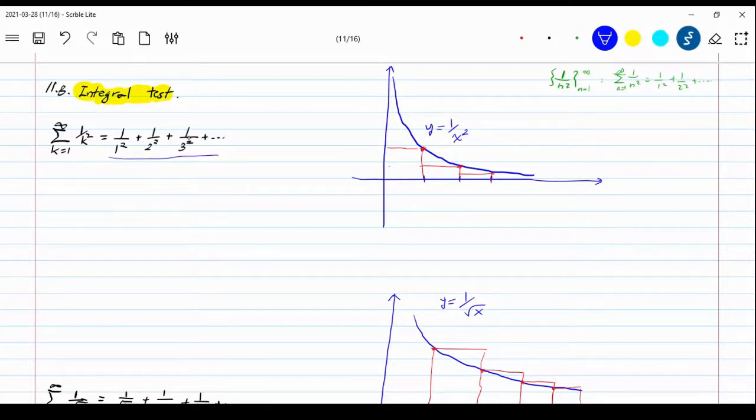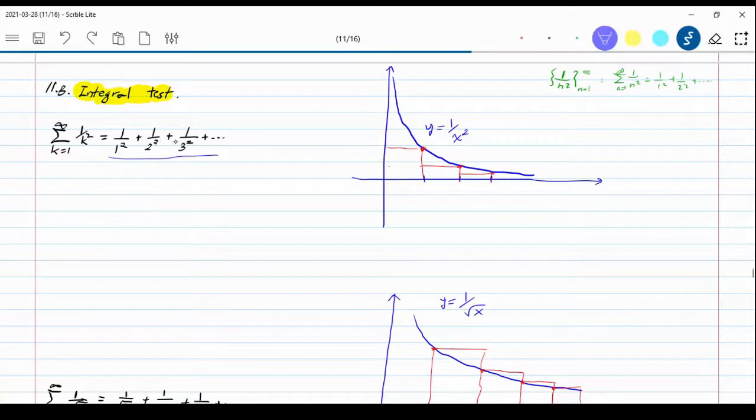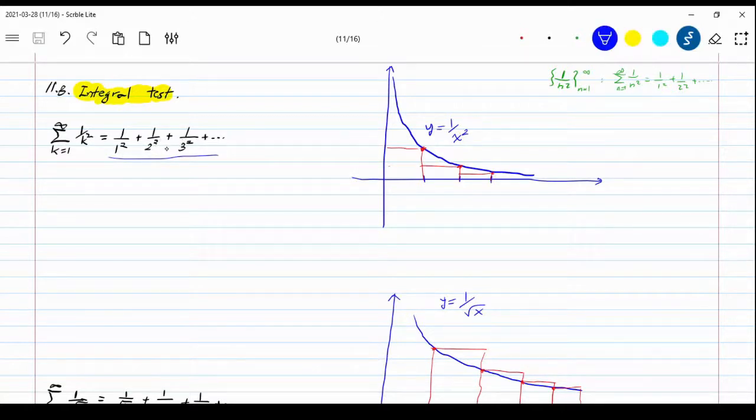If you think about this, you can expect that this series is convergent, based on the behavior of this summation. Numbers are getting smaller very fast, but we're not sure if that's the case or not. So think about each one of these numbers, 1 over 1 squared. Look at the function 1 over x squared, which corresponds to 1 over k squared.